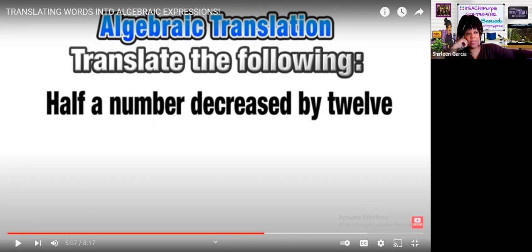Decreased by 12. What do I write to finish this one off? When am I subtracting what number? Half a number decreased by 12.